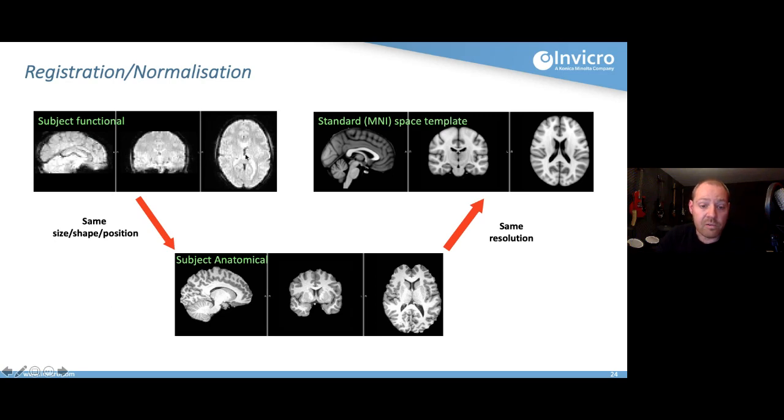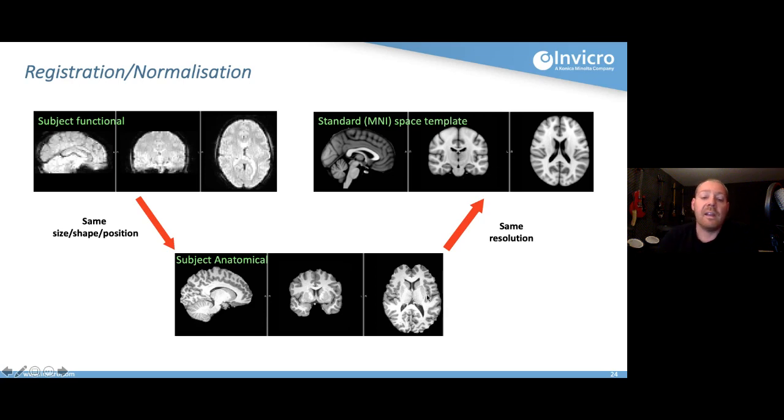Okay, so it's a different contrast and it's a different resolution, but it's from the same subject, right? This is just a different kind of scan from the same subject. So the brain is roughly the same size and shape. So you don't have to do much morphing and warping to figure out how to fit this onto this. And you don't need to do much to figure out how to fit this onto this.